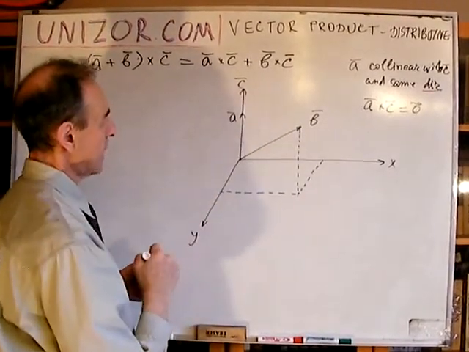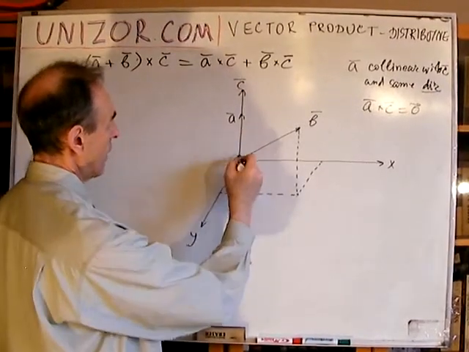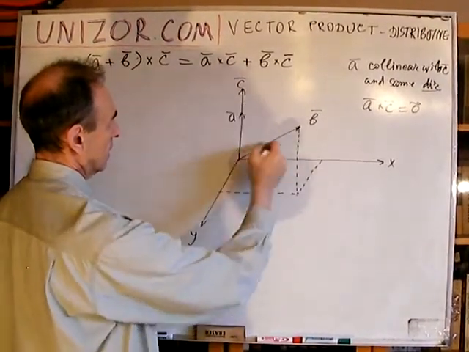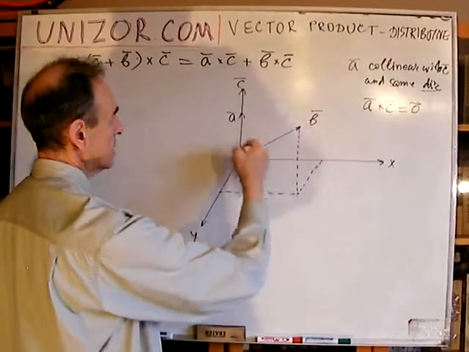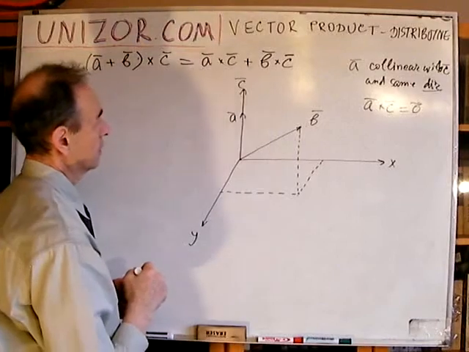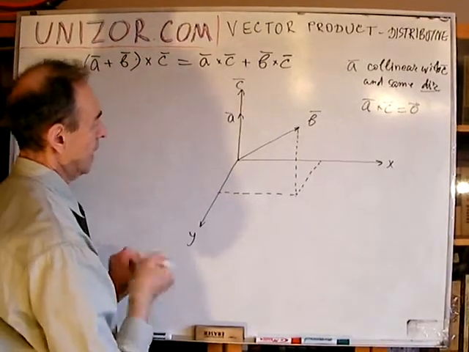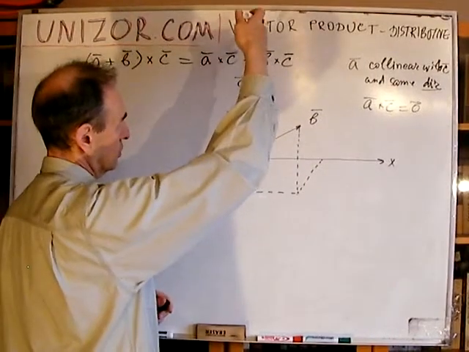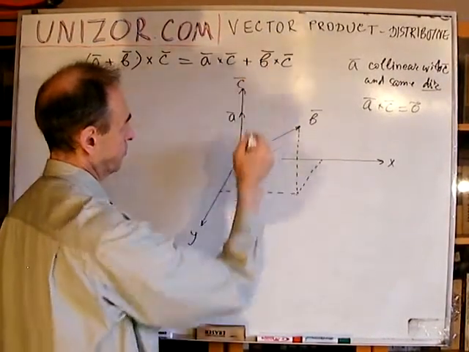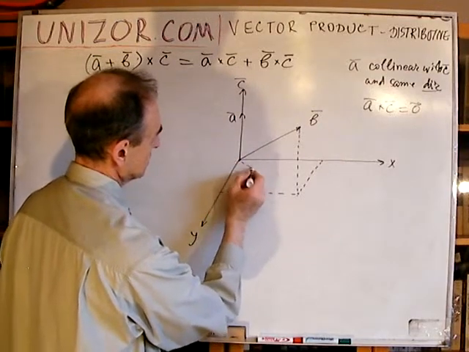So let's consider the plane to which A and B, or C and B, belong. So basically what I would like to do is put this plane on the picture, something like this.